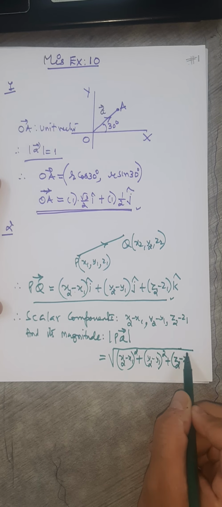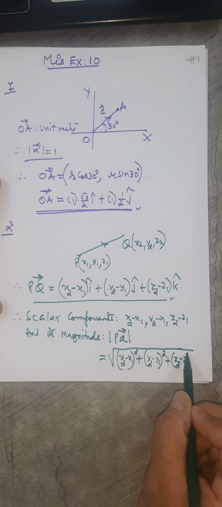Let's take this as vector A, which is nothing but x i cap plus x j cap plus x k cap, a unit vector. Therefore its magnitude equals 1, so the magnitude squared is also 1. So this will be x square plus x square plus x square equals 1, and therefore x equals plus or minus 1 by root 3.